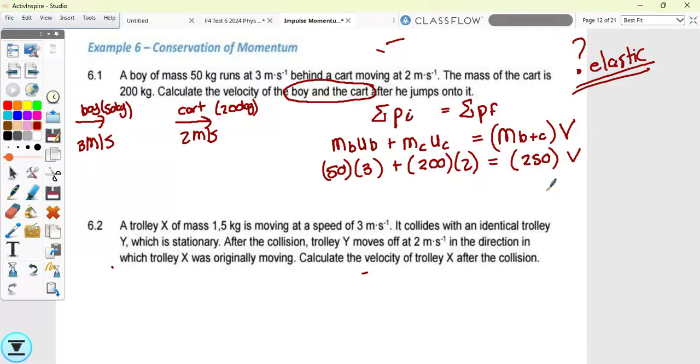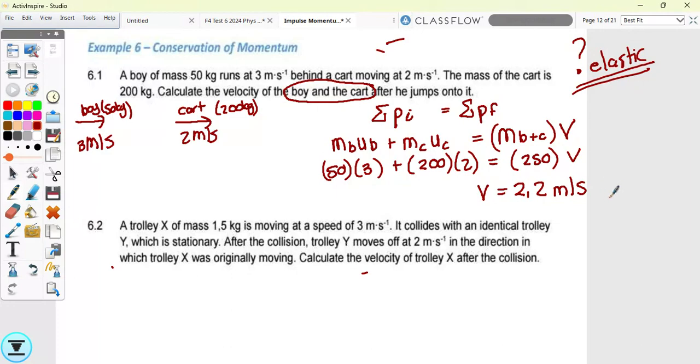I've calculated with no glasses, but I can kind of see. I get 2,2. Did you get that? Okay, so 2,2 meters per second, and our answer is positive.